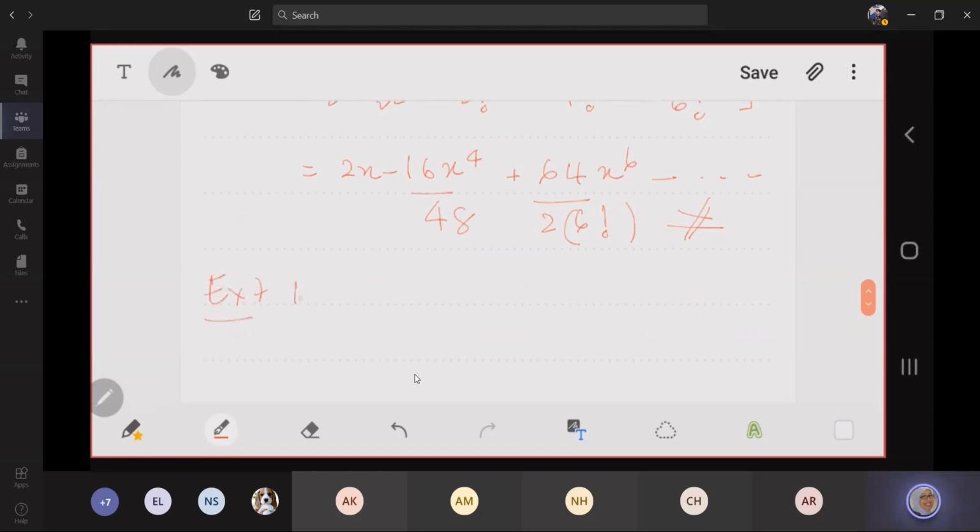If y is equal to tangent to the minus 1 of x, prove that 1 minus x squared d squared y by dx squared, this one is the second derivative, yeah, minus 2x dy by dx is equal to 0.